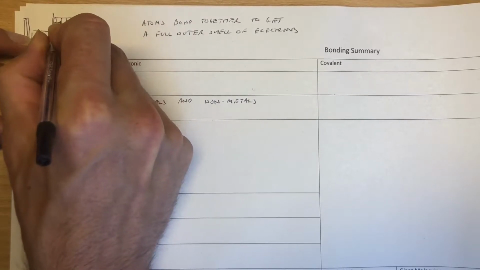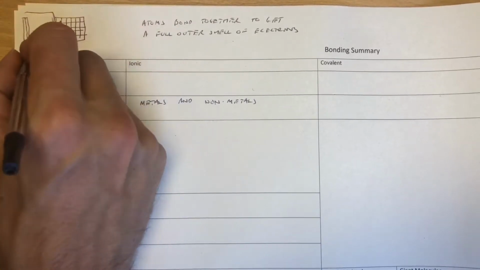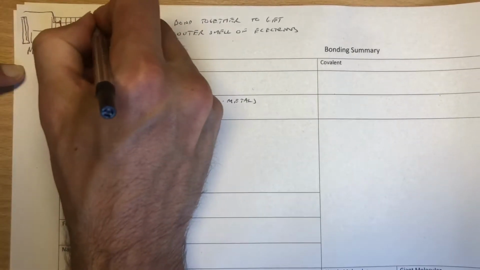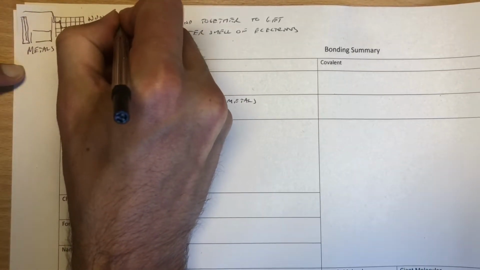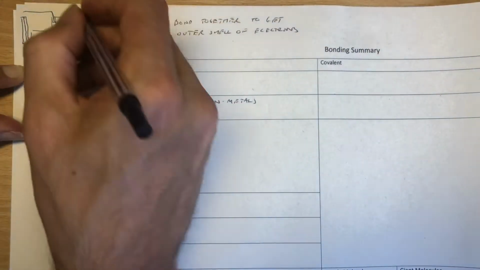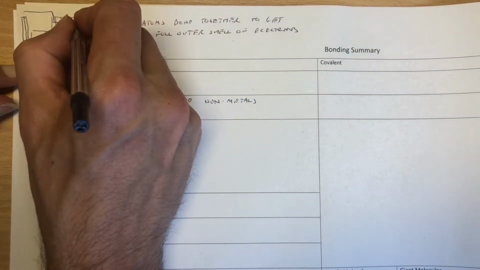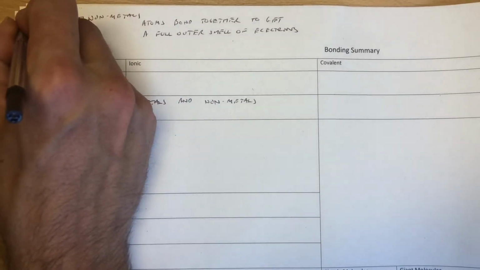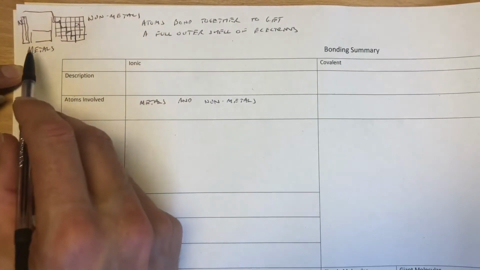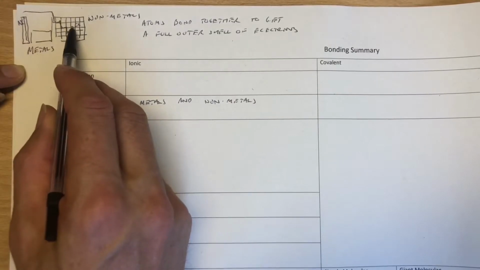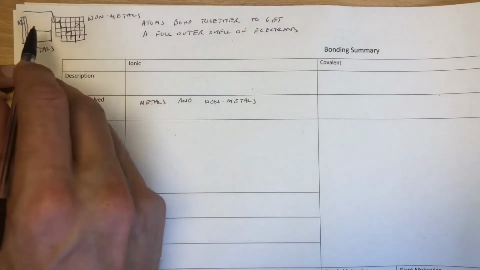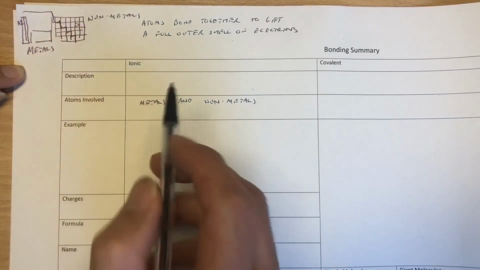And the metals are found on this side. The non-metals are on this side. So if an element is found here, that will be chlorine, for example, and over here we could have sodium in this group. We can see there's one on the metal side and one on the non-metal side, so that would be an ionic bond. Okay, something from a metal side and a non-metal side makes an ionic bond.